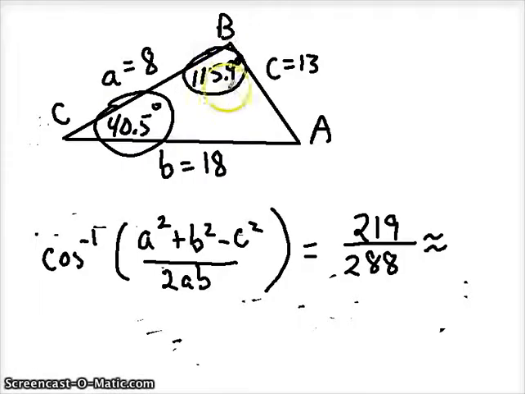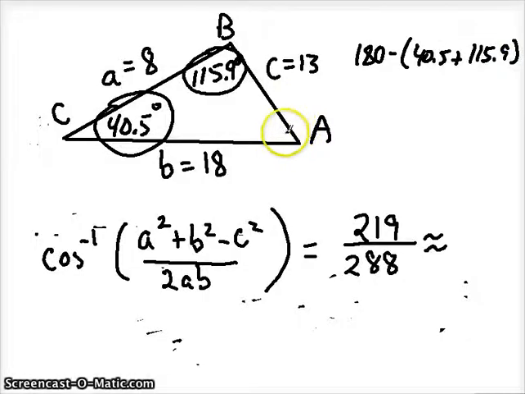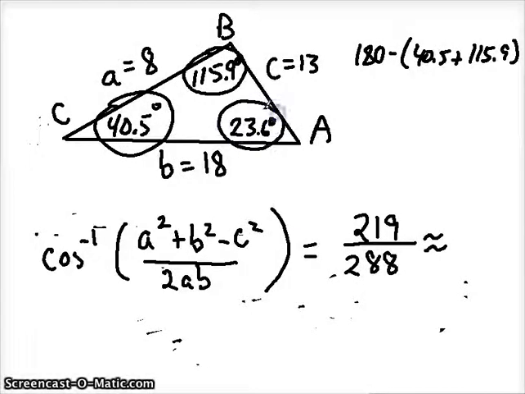And now I can take my shortcut because I know two angles in a triangle. I'm going to add up what I know and subtract it from 180, and I get my last angle, which is about 23.6 degrees. So again, we used law of cosines to solve this oblique triangle.